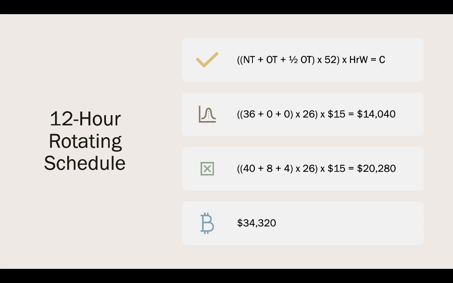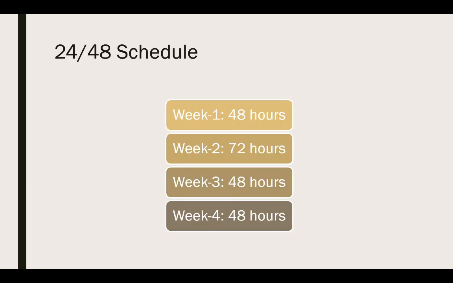So I'm still getting paid $15 an hour, but as compared to that 40-hour a week 9-to-5 worker, making $31,000, now I'm making a little over $34,000 as my base salary. Another popular schedule is a 24-48, where I'm on duty for 24 hours and then off for 48 hours, and I come back for 24.